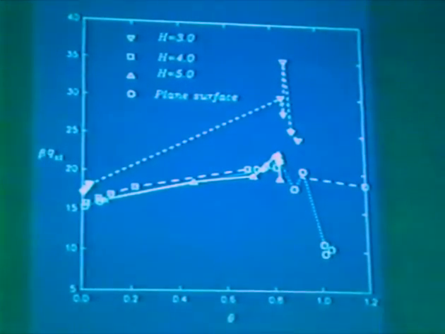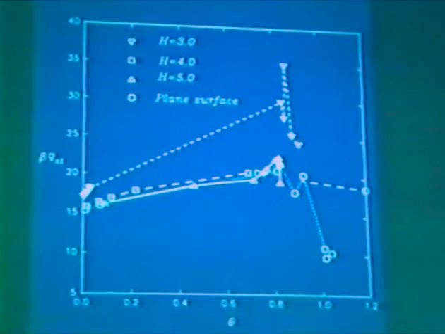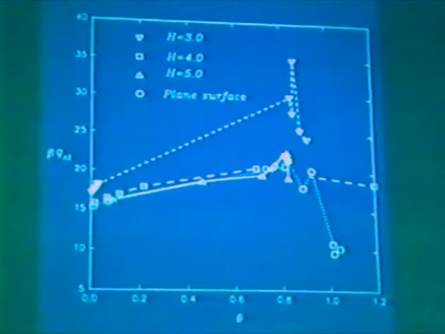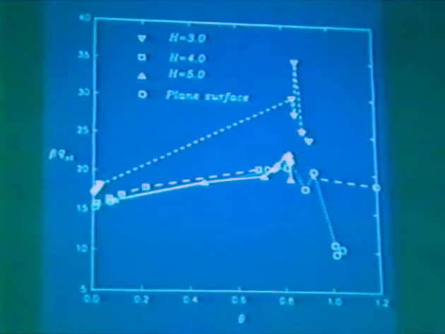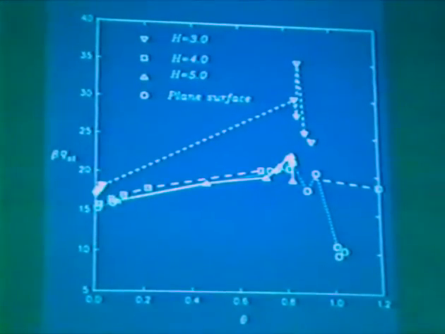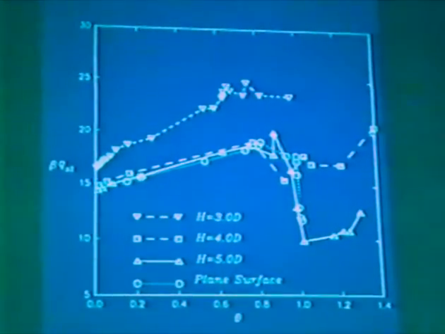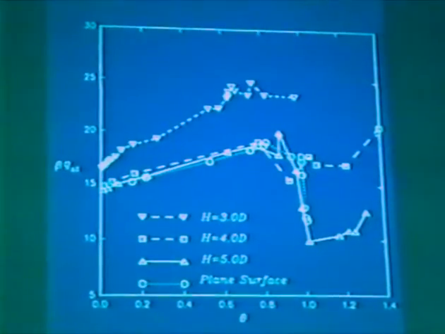And what you see here is that it's the intermolecular part of the interaction which is really being enhanced. There's not much enhancement in the zero coverage heat of adsorption. Next one, please. Same thing for nitrogen, similar sort of behaviour. Next slide, please.